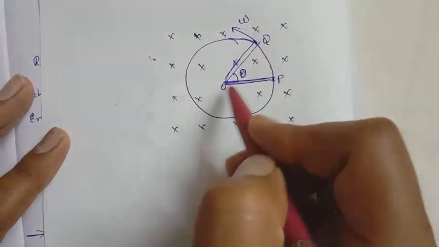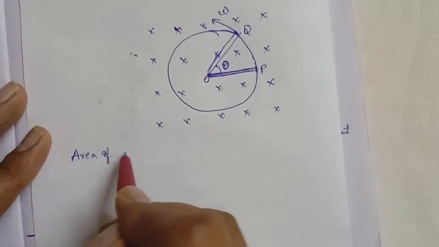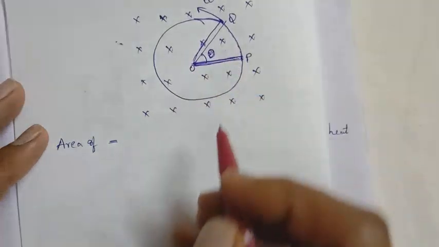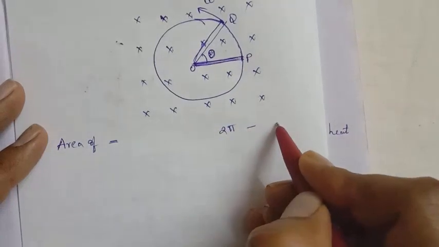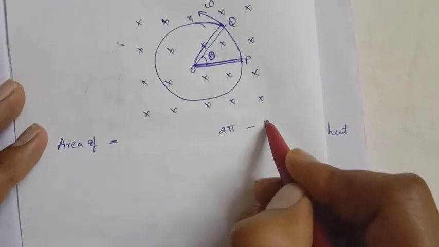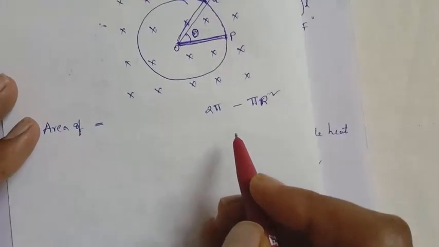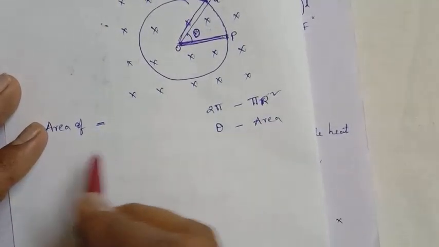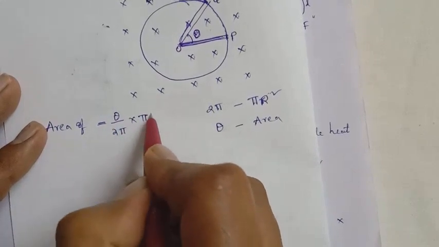Then what is the area of this sector? If the total area for 2 pi radians is pi R square, then for an angle theta the area is theta by 2 pi into pi R square.